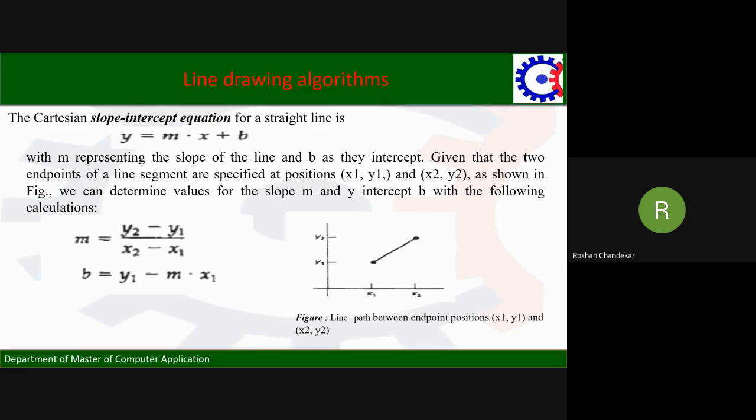Then b = y1 - m * x1 gives the intercept of the line. After calculating, we have the slope and the intercept of the line. Look at the diagram: the line path between endpoint positions (x1, y1) and (x2, y2) represents our line segment.